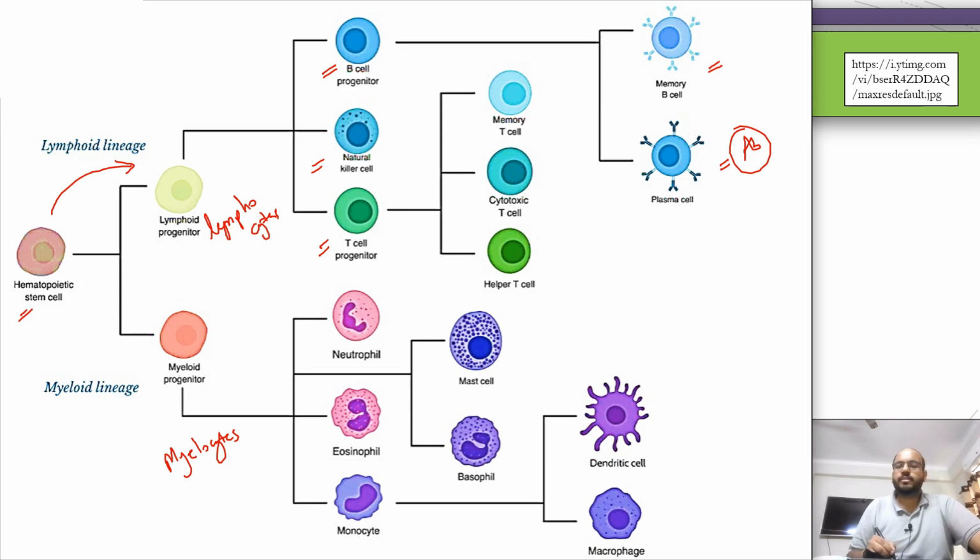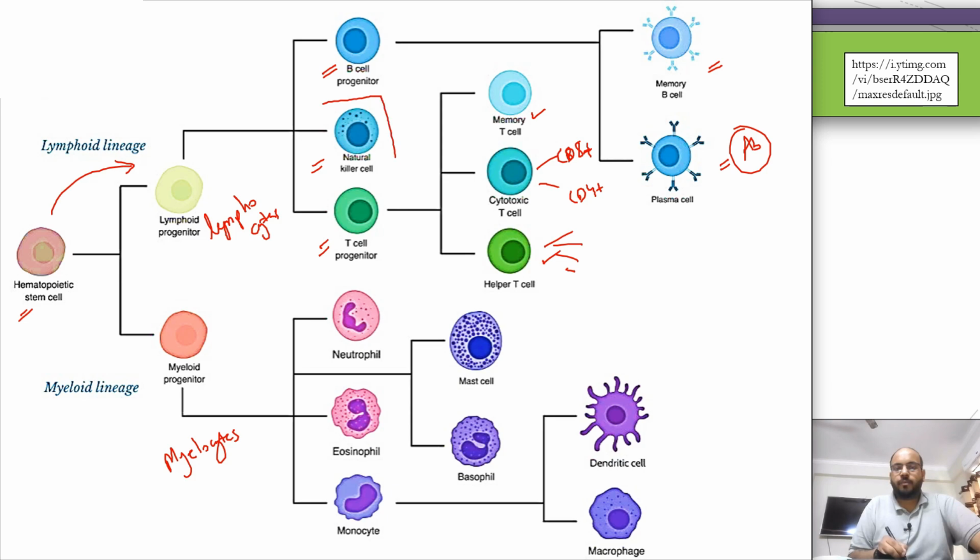T cells will give rise to helper T cells, memory T cells, and cytotoxic T cells, which are usually of two types, CD8 positive and CD4 positive. In fact, helper T cells can be of multiple types, but majorly we learn about CD8 positive and CD4 positive cytotoxic T cells, and they give rise to various kinds of autoimmune disorders. Clear?